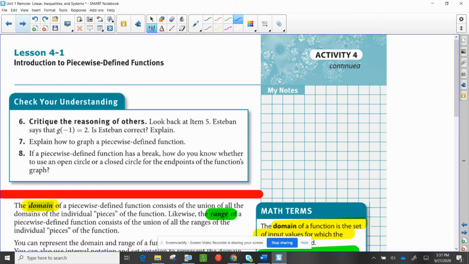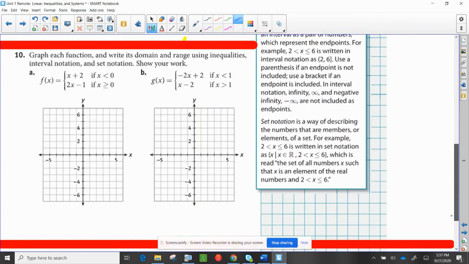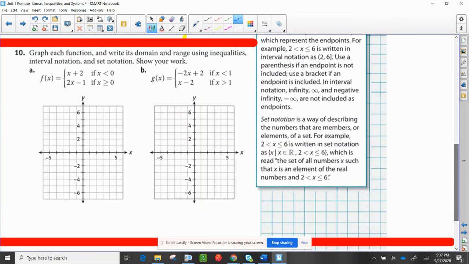Okay, I'm only going to do maybe a couple more, so I'm going to jump to this page here, page 59. We're going to look at graph A. So we have f of x is x plus 2 when x is less than 0, and 2x minus 1 when x is greater than or equal to 0. So again, I'm going to put in my fence at my restriction here. So at 0 is where my graph shifts from one function to the other.